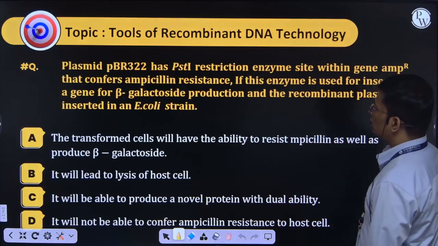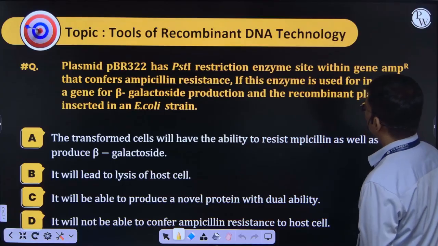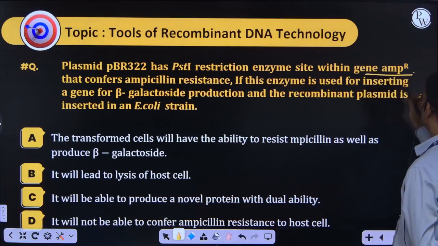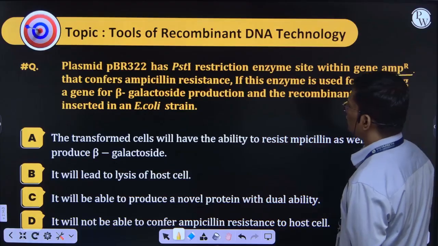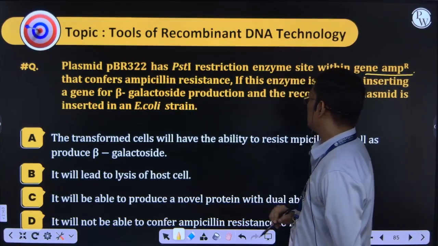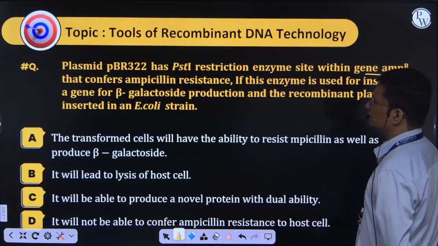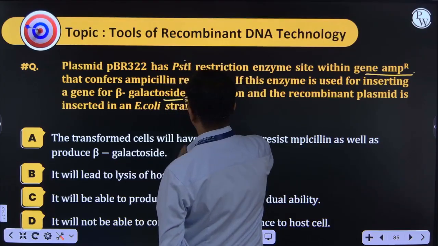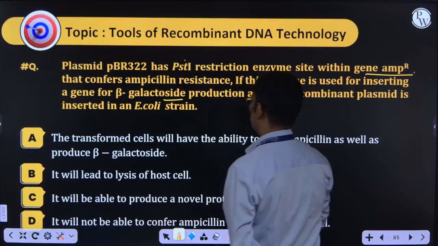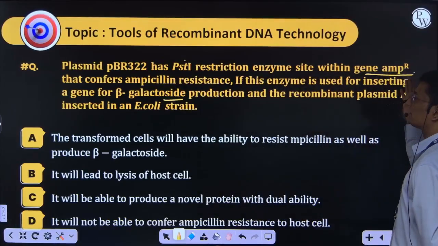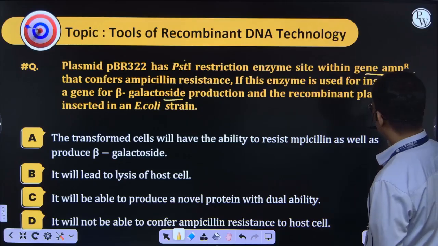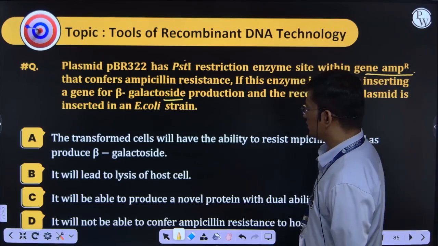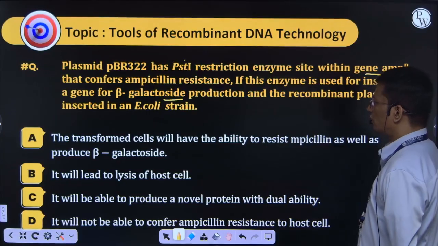Plasmid pBR322 has a PstI restriction enzyme site within the ampicillin resistance gene, which confers ampicillin resistance. If this enzyme is used for inserting the gene beta galactosidase, we are removing the ampicillin resistance site and inserting this gene. What will happen?